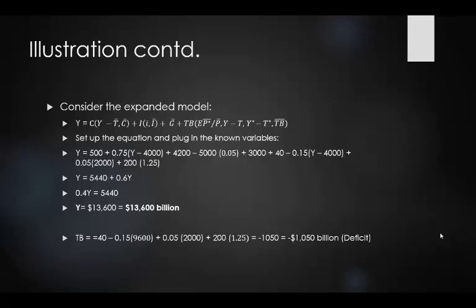We then plug in the magnitudes provided for all other variables, and solving this we obtain that output Y is equal to $13.6 trillion. We now take the function for the trade balance and plug in the magnitudes provided, including the value of output for income in the model, and find that the trade balance is $1.05 trillion negative, which is a deficit.